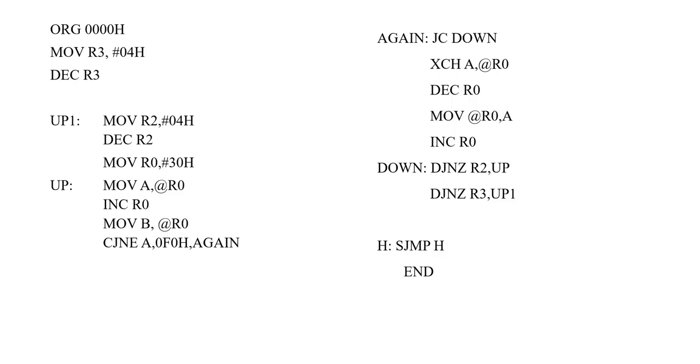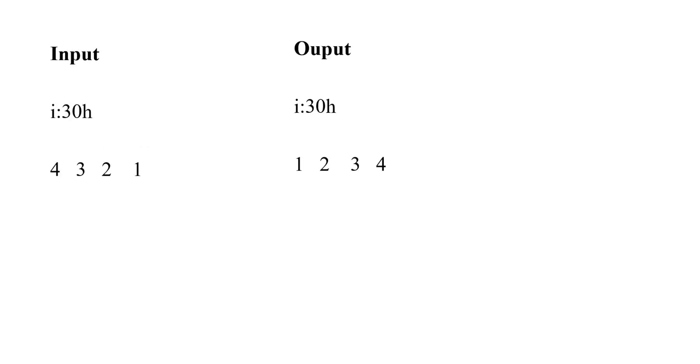So here this is the program which we have used, and this is the input which we will be giving to the program, that is at 30h location. Starting from 30h location we will give 4 numbers, because here we have considered the array size as 4. You can change the array size. You can take 10, 12, 11, an array size of your own choice.